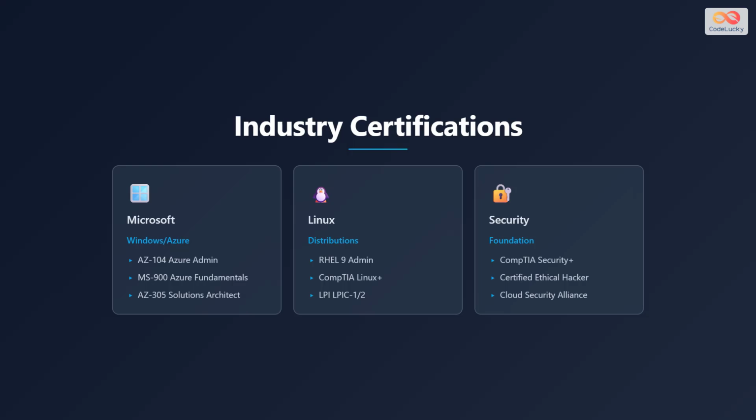Linux certifications are important for administering Linux servers, such as Red Hat Linux 9 Administration, CompTIA Linux Plus, and Linux Professional Institute LPIC 1 and 2 certifications. Security certifications demonstrate advanced knowledge, including CompTIA Security Plus, Certified Ethical Hacker, and Cloud Security Alliance credentials. These certifications are recognized globally and significantly improve career prospects.